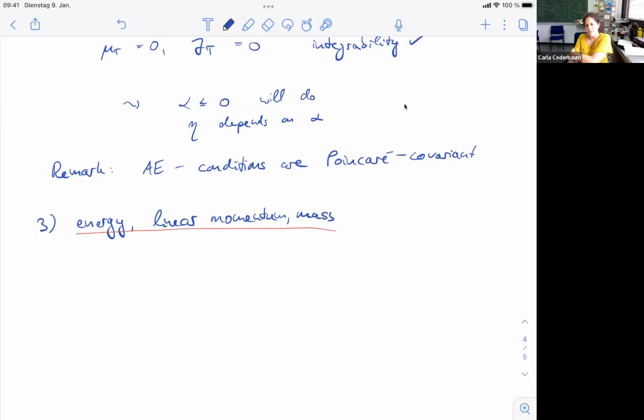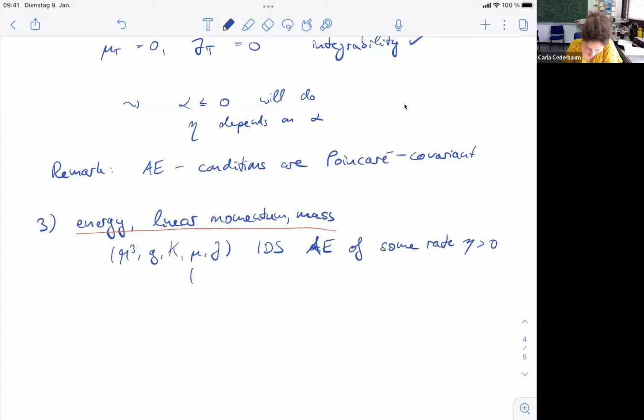So what do we mean here by energy, linear momentum, and mass? Again, we're going to consider a given initial data set, which is now assumed to be asymptotically Euclidean of some rate eta greater than 0. And of course, this presumes that the constraint equations are satisfied.